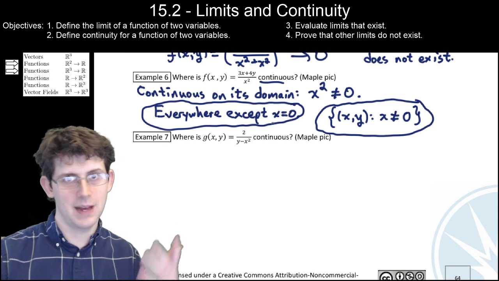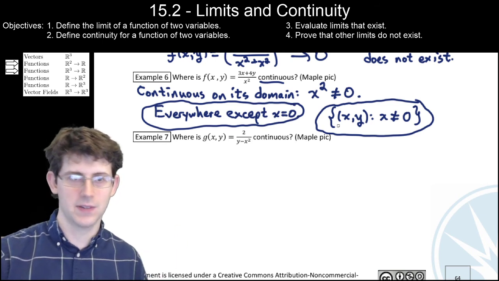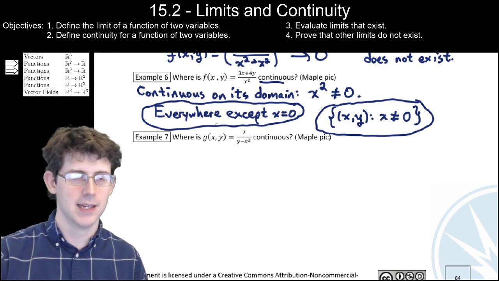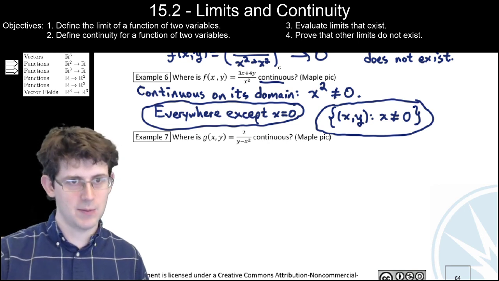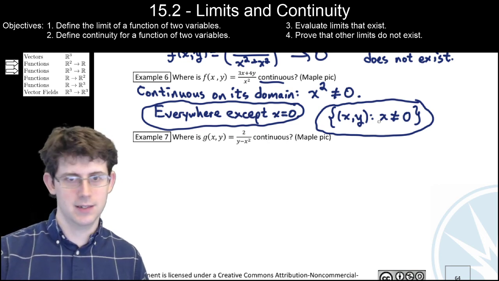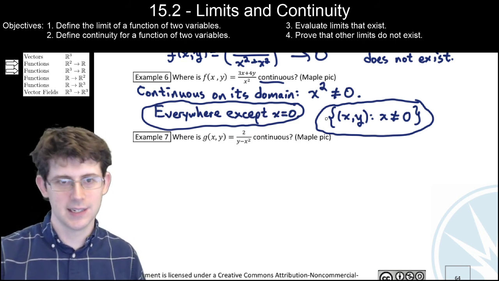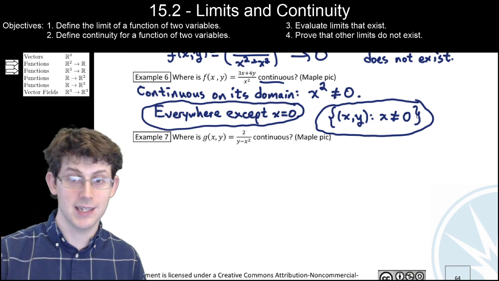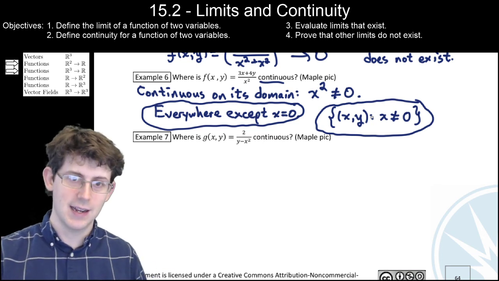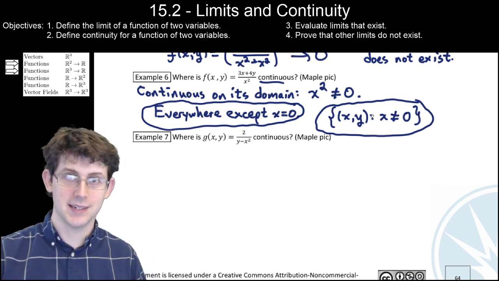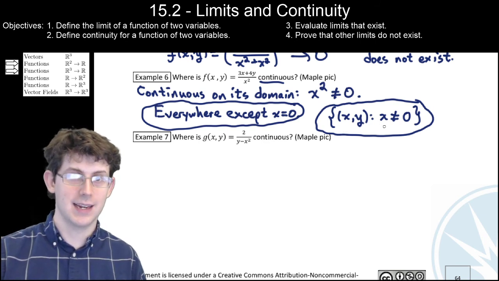If you have another professor, you should ask the professor what they prefer or if it matters to them. But you can write some words to describe the domain, to describe where it's continuous, or you can write the technical way to do it, which is less writing, but you have to learn how to say this. So the set braces guarantee that we're talking about a bunch of different points, and this colon means such that. So this is all the points x, y, such that x is not 0.